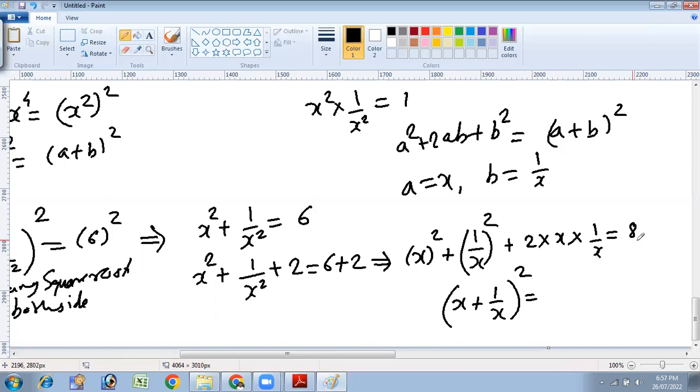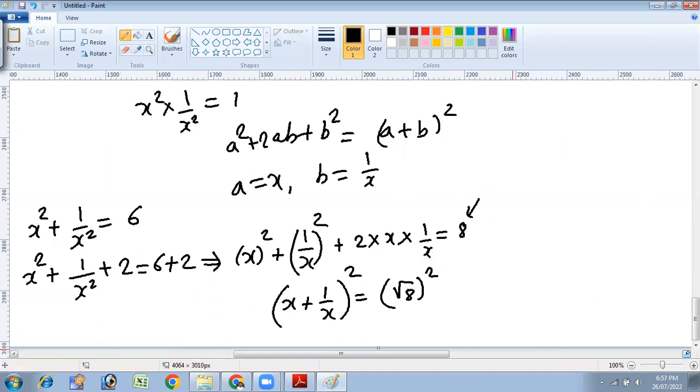So we can say root 8 bracket square. Taking square root on both sides, what are we getting? x plus 1 upon x is equal to root 8.